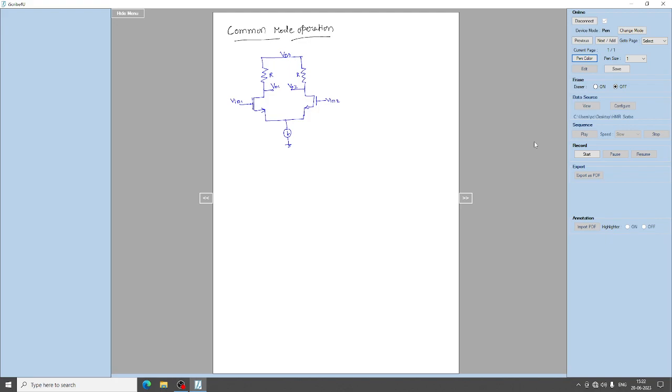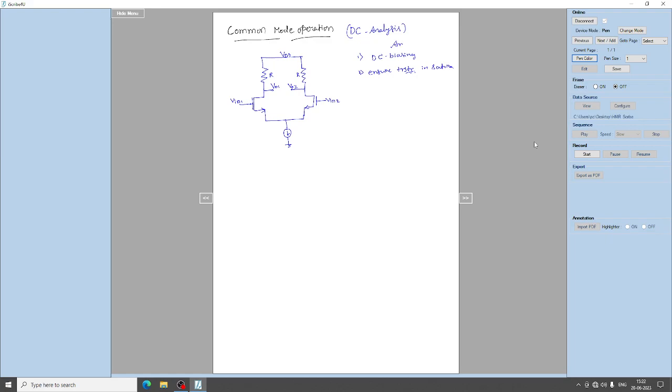Now, during common mode operation, common mode means the input is common for both the terminals. This is basically a DC analysis, because for this circuit to act as an amplifier, the first thing we need to provide is DC biasing, and the second thing is to ensure that the transistors are in the saturation region.